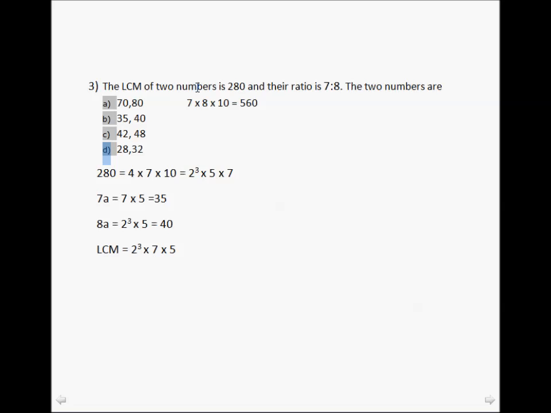In third case, the LCM would be 7 into 8 into 6, again greater. And in this case, the LCM would be 7 into 8 into 4. So our answer would be option B.